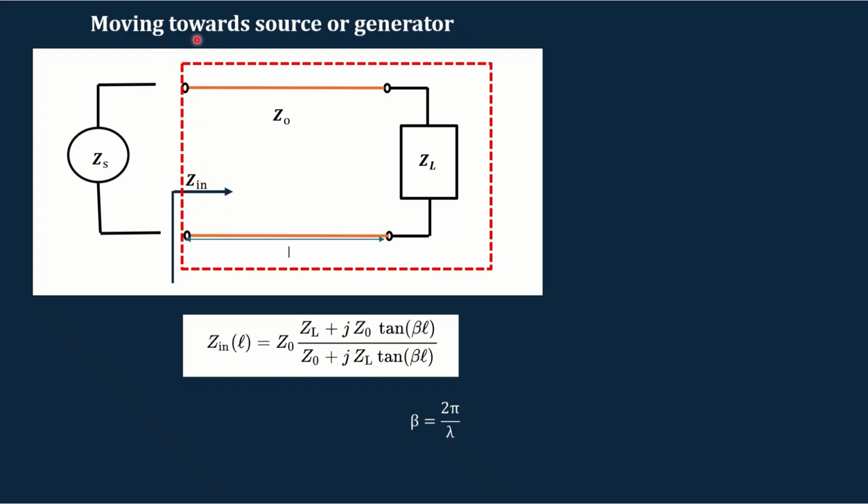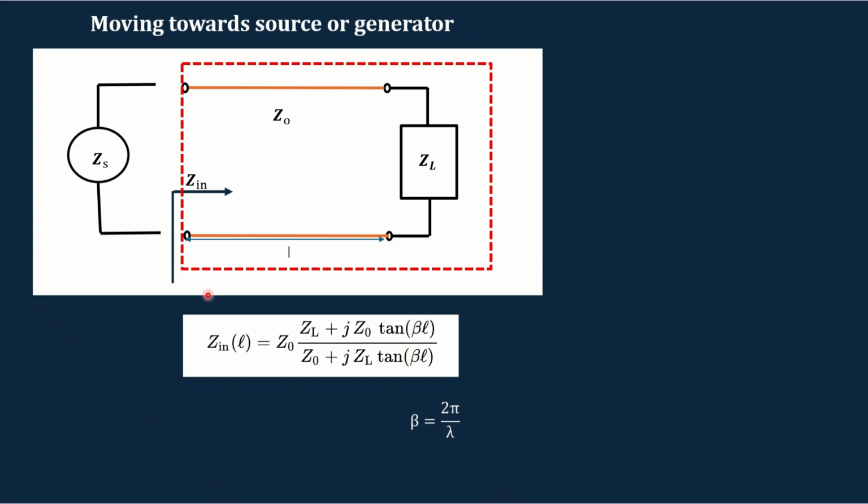So moving towards the source or generator means: what is the impedance of the load that is seen from the source when it is connected through a transmission line? That is what is meant by moving towards the source.